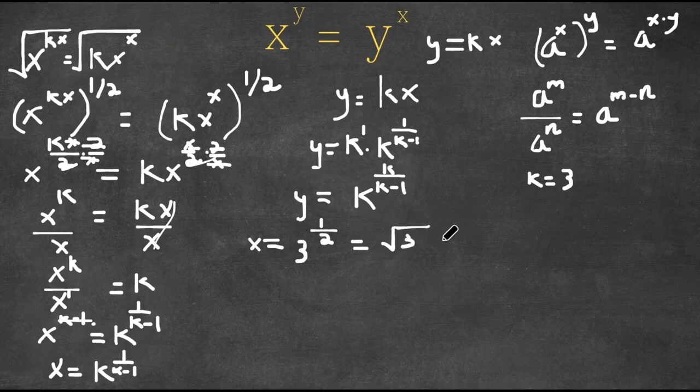So we know that x is the square root of 3. Now if we substitute 3 into the equation for y, we get y equals 3 to the power of 3 over 3 minus 1, which is 2.